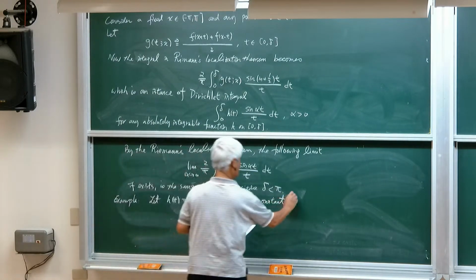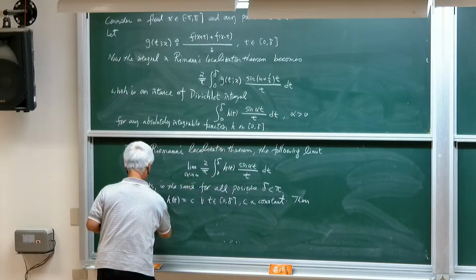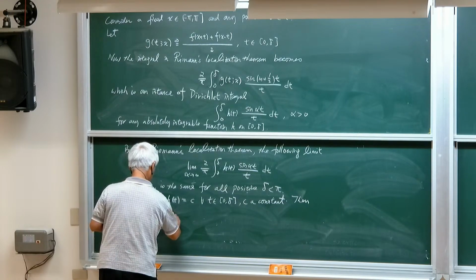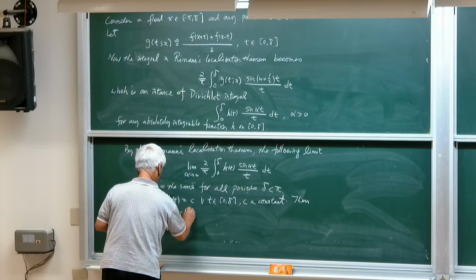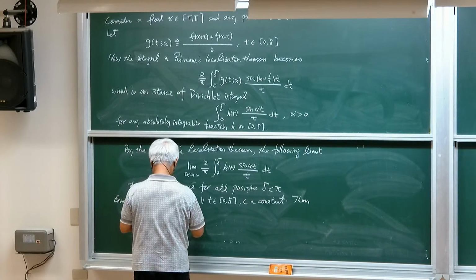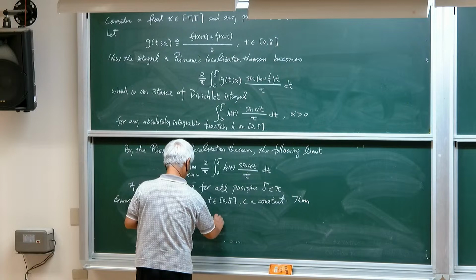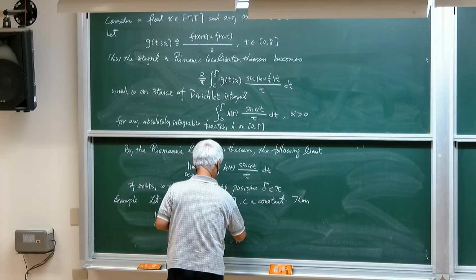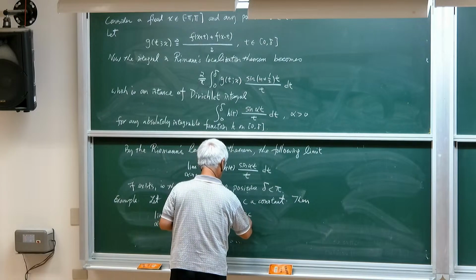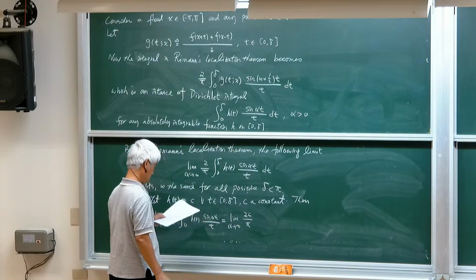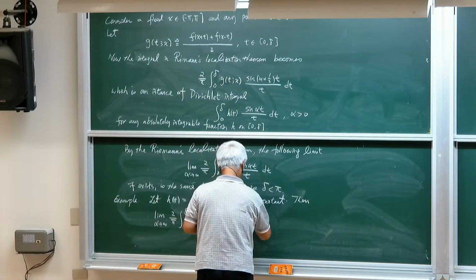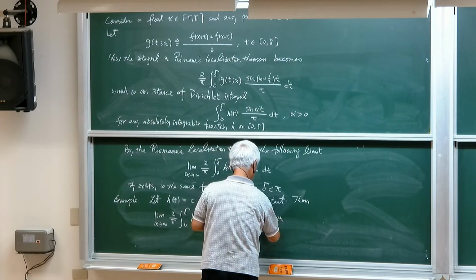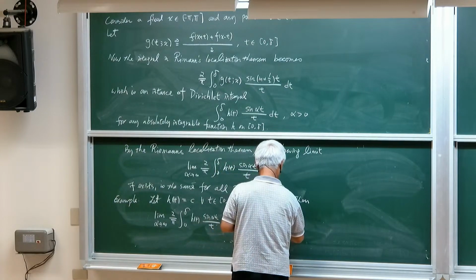Then we evaluate the limit as alpha goes to infinity, and we have 2c divided by pi, times the integral from 0 to delta of sine alpha t over t, dt.